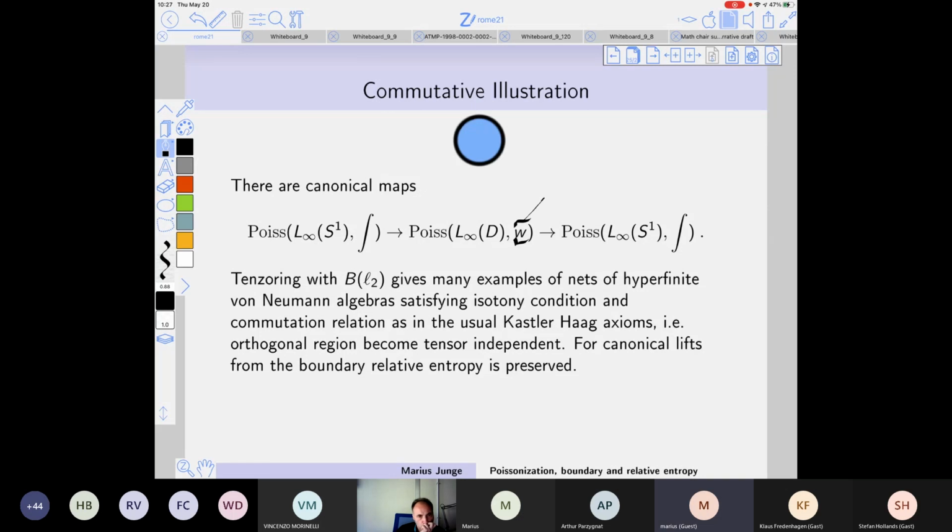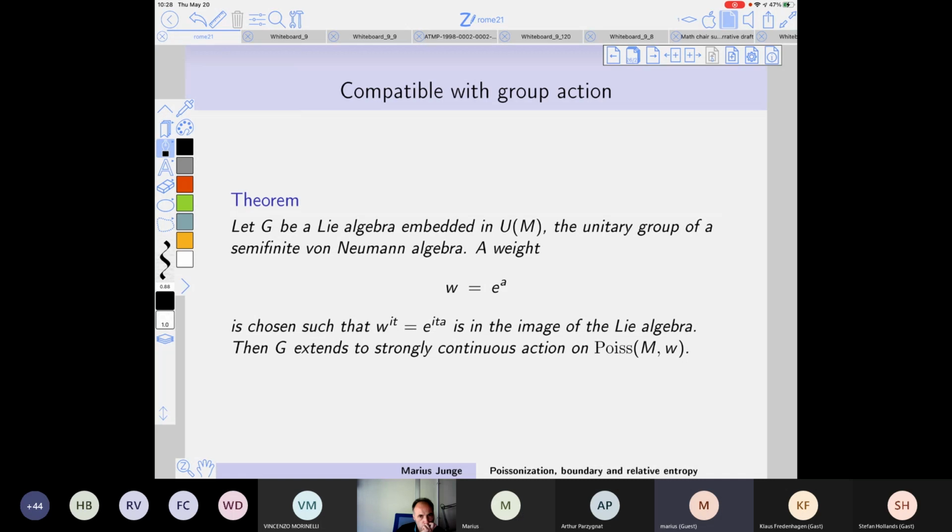In the limit, you would really take something which is supported as close to the boundary as you can. So you should think of this as taking a limit towards the boundary and then taking these rings. This is the most appropriate interpretation for what happens for the weight here. Right, and then since we're going to the end of the talk, I think I mentioned this Lie group example already.